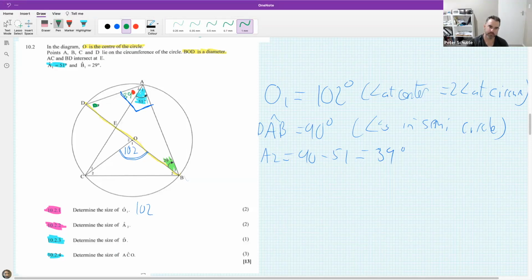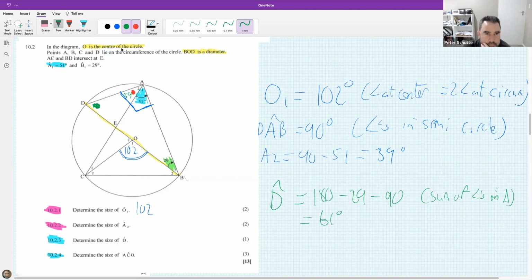D is up here. What is D going to be? Oh, it's a triangle. So what do we get for D? It's going to be 61.